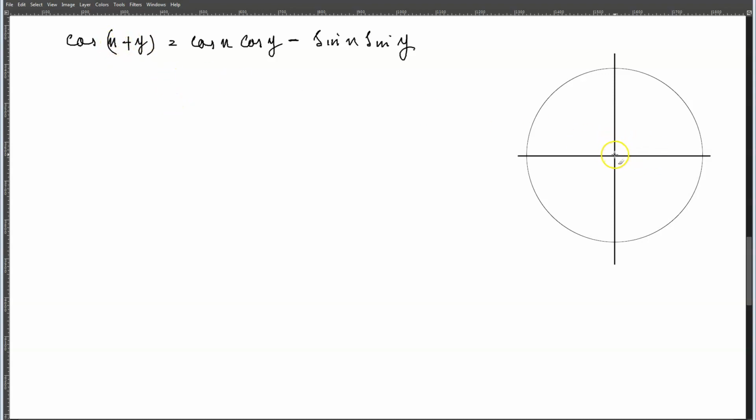I have the angle x, so I'm going to go 15 degrees here and call this angle x, and angle y I'm going to go, so this is 15 degrees, and so you have 90 minus 15 is equal to 75, and I'm going to go another 75.